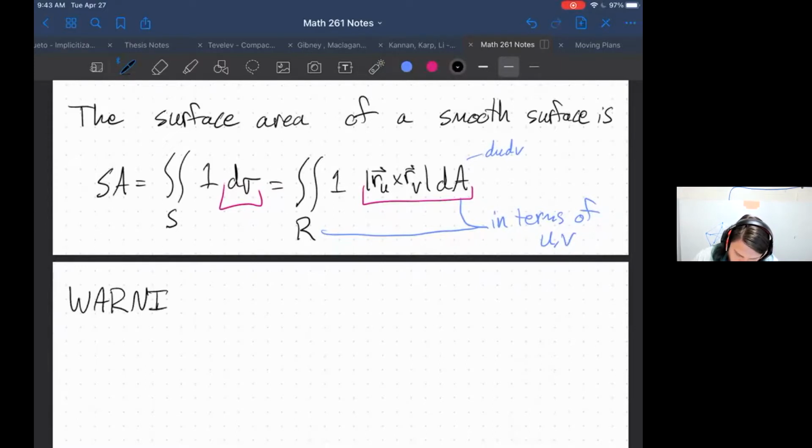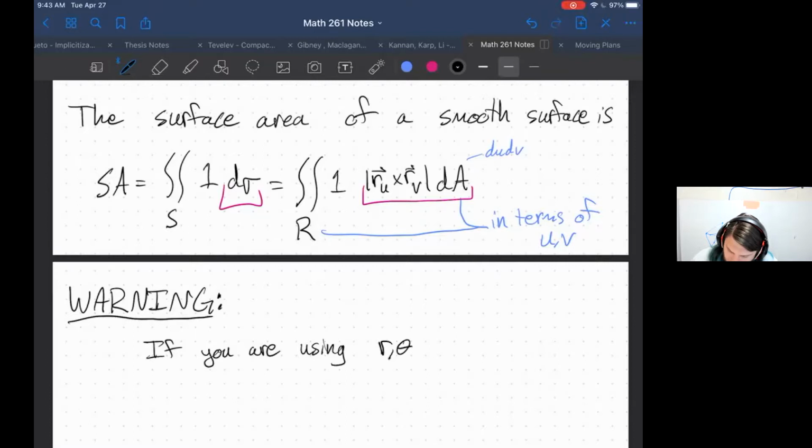So I need to write out a warning here. If you are using a different coordinate system, say r theta as uv, like in our first example where we had r and theta, do not use r dr d theta as your switch into this dA.